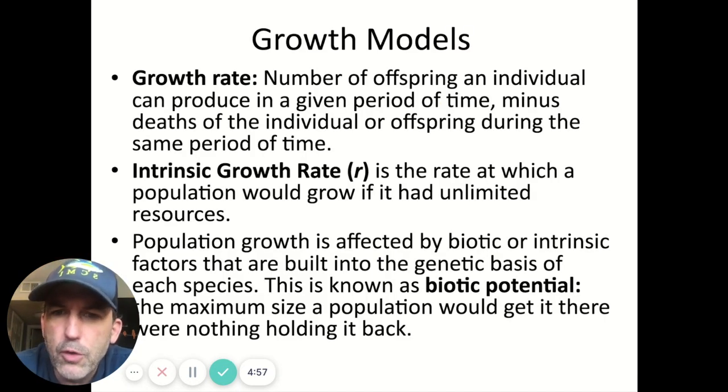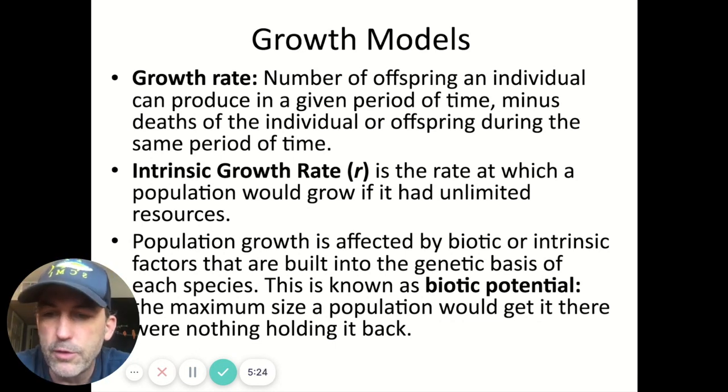Okay, we're going to look at some growth models. So growth rate of a population is just the number of offspring an individual can produce in a given amount of time, and the relative rate of reproduction of the population. The intrinsic growth rate is, under ideal conditions, no limits, what would be the maximum number of offspring a population can produce.